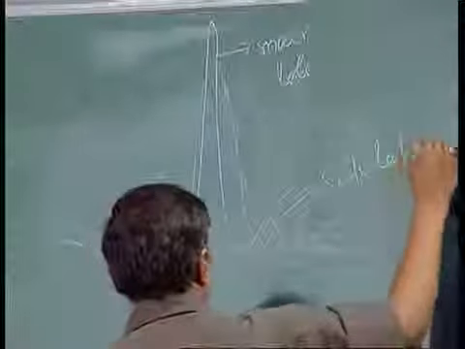So, in this slide we will discuss the controlling factors for array performance: the directive gain, the radiation pattern, the polarization, the orientation of the beam, how these parameters of the antenna array are controlled, and how the antenna arrays are named. The controlling parameters start with the first, the geometrical configuration.